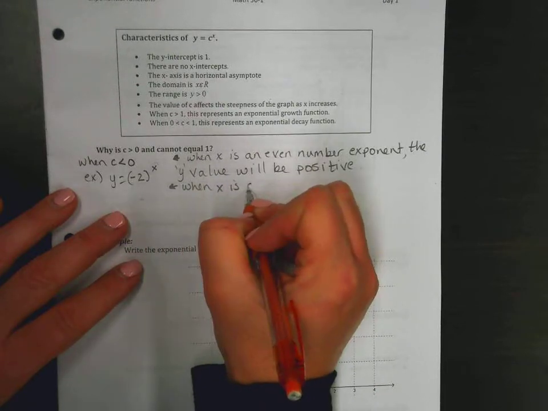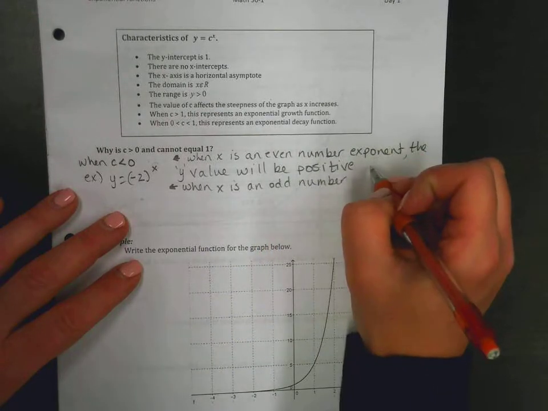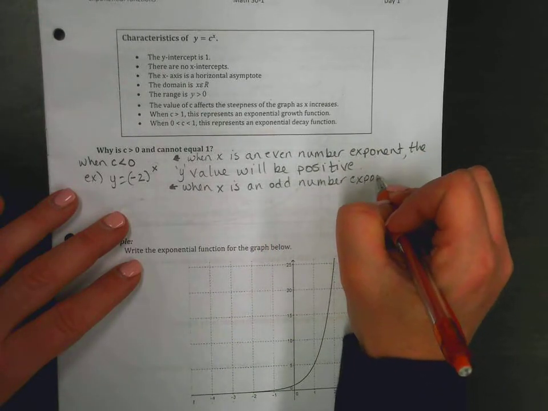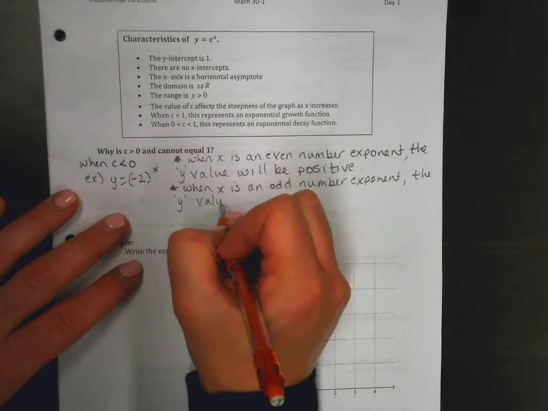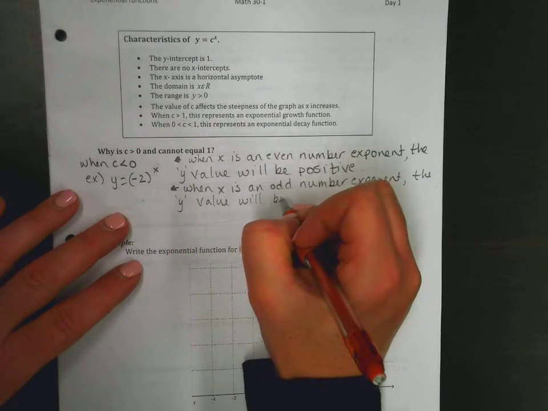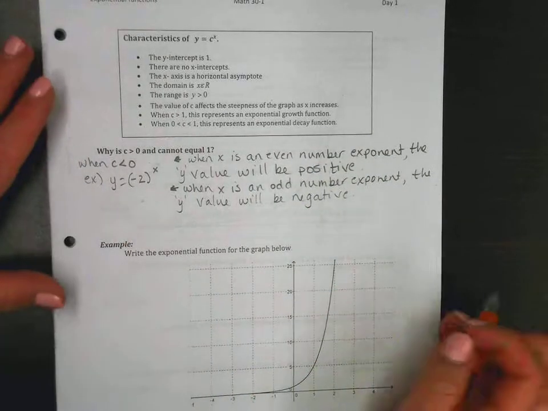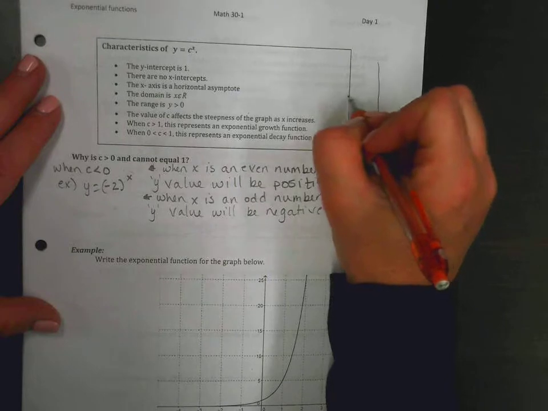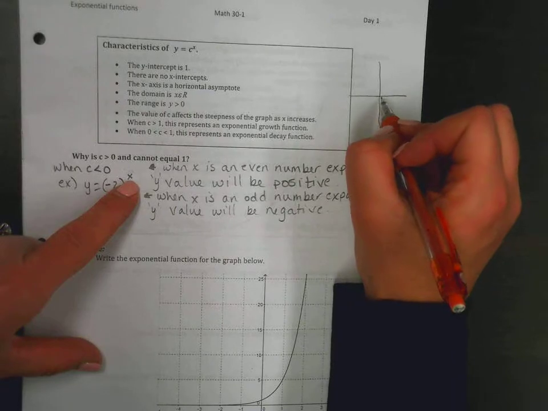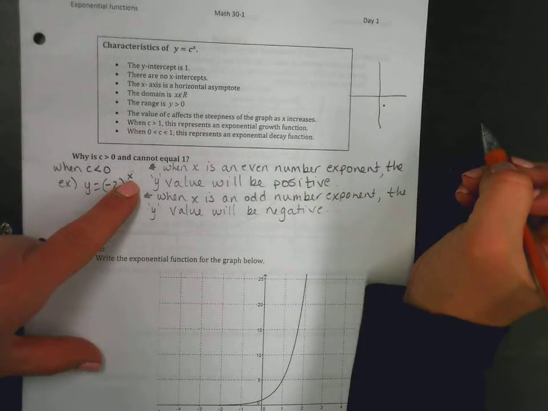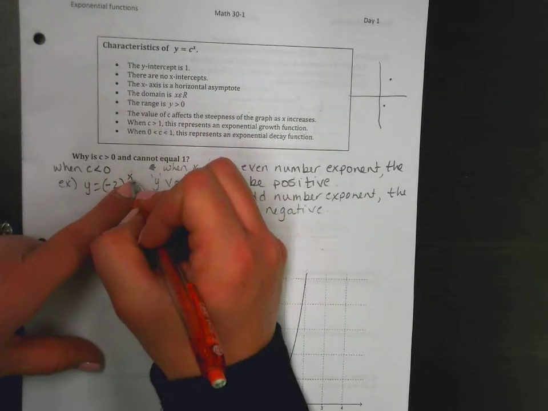When x is an odd number, the value will be negative. So what ends up happening is, if this was to the power of 1, I'd have a point down here at -2. If this was to the power of 2, I'd have a point up here. To the power of 3, I'd have a point down here.